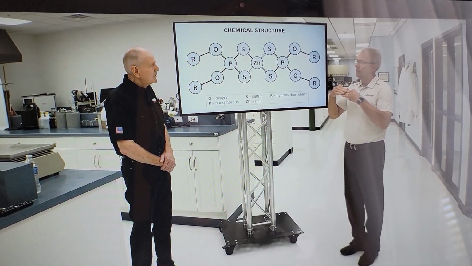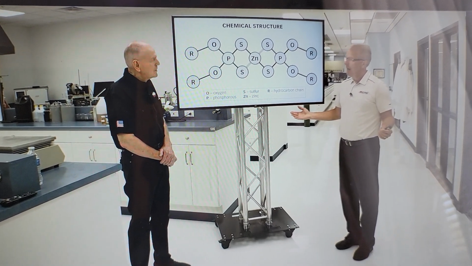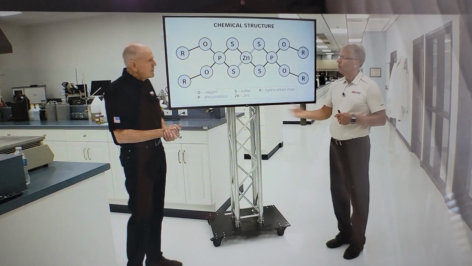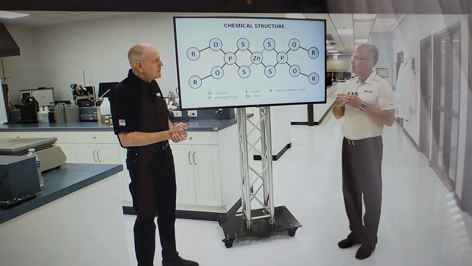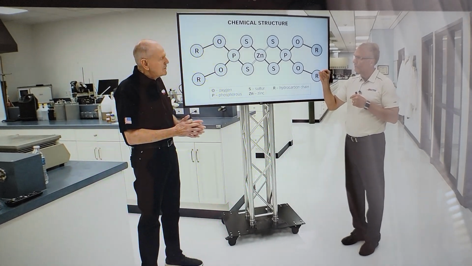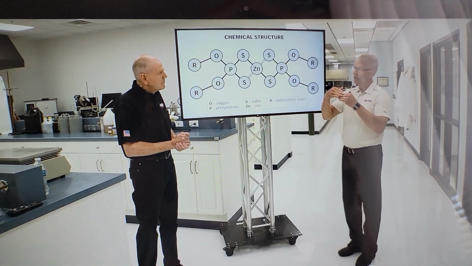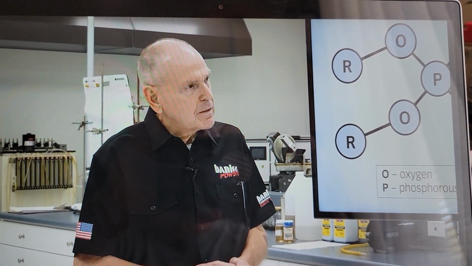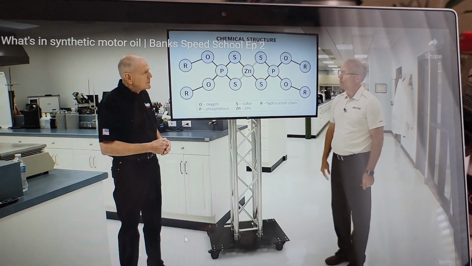The ZDDP is going to kick in and create a sacrificial wear layer on the surface of a metal shaft or bearing or both, and make sure that those little asperities that are sticking up, the micro differences in the surface of the metals, don't touch, because when they touch, they micro weld. And it doesn't look good when you break a micro weld and you get all the contaminants going into the oil and the surface degradation.